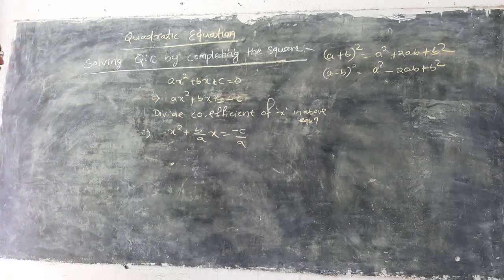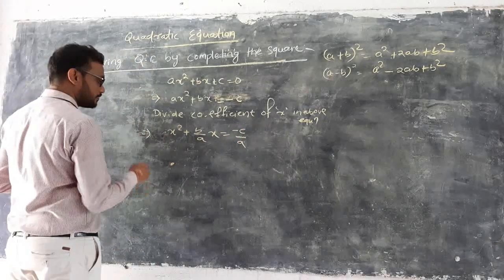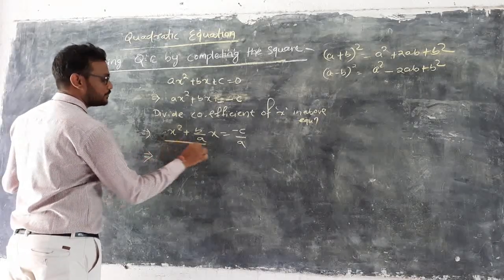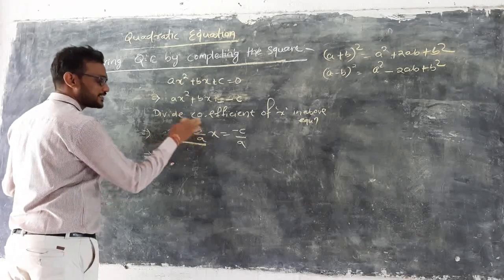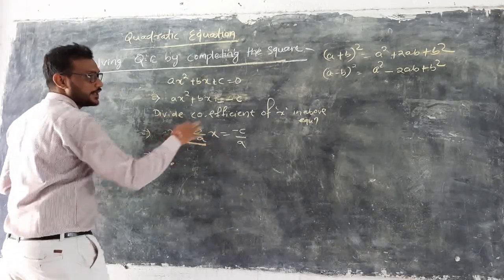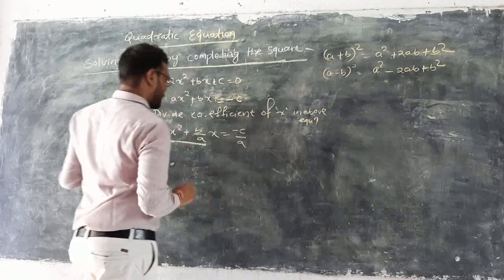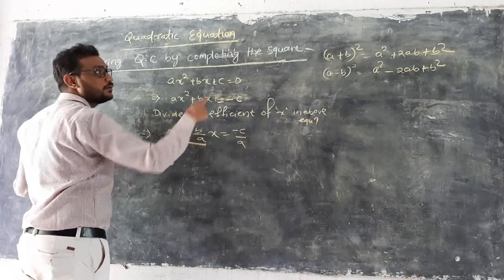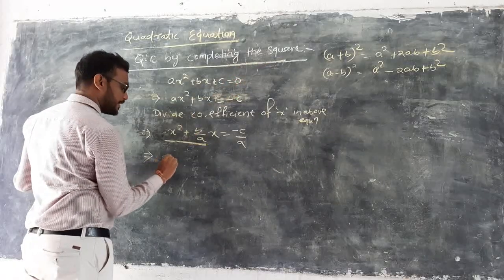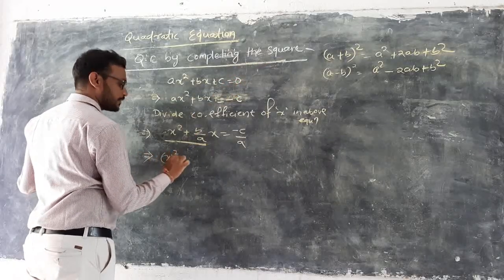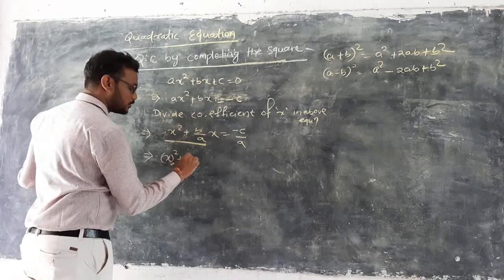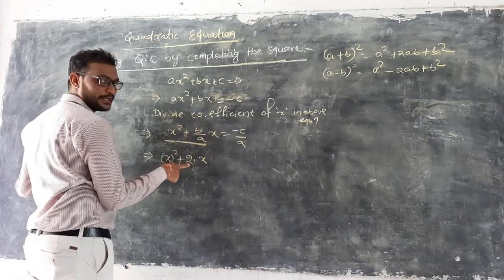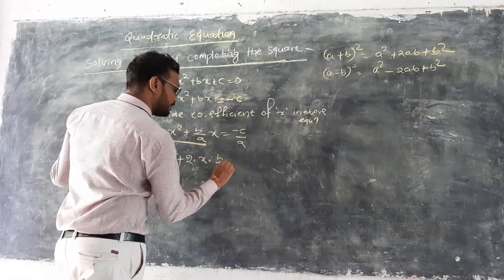Now the third thing we are going to do is make this into either this form or this form. Here plus is given, so we will have to convert these things into a plus b whole square, that is a square plus 2ab plus b square. 2 into x into something: we have got the x, but I have multiplied by 2, so it will be b by 2a.